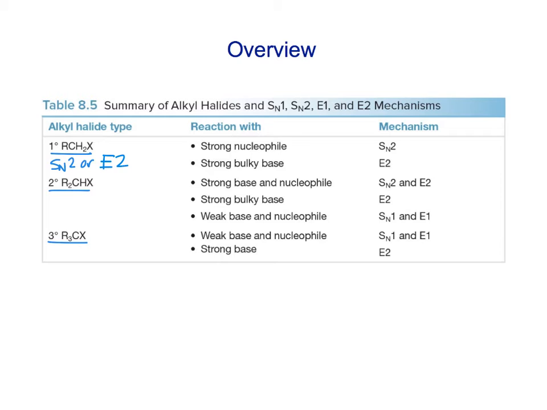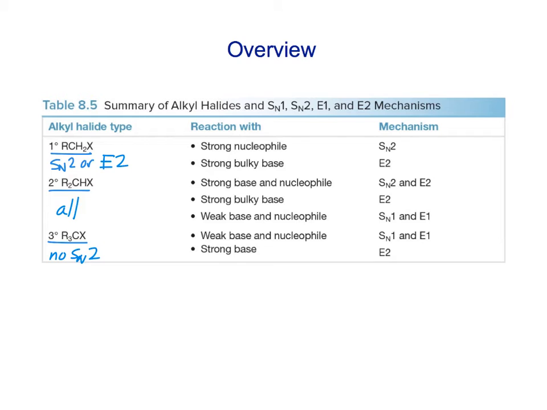For secondary alkyl halides, this is the most challenging one. Any or all of these mechanisms can take place. For tertiary alkyl halides, the only one that can't take place is SN2. Tertiary alkyl halides are too sterically congested for an SN2, but we can have SN1, E1, or E2.